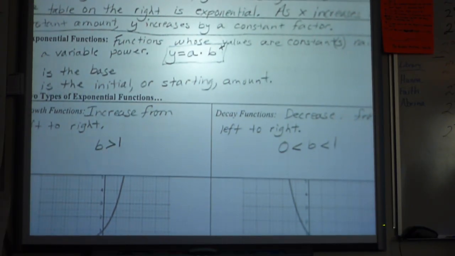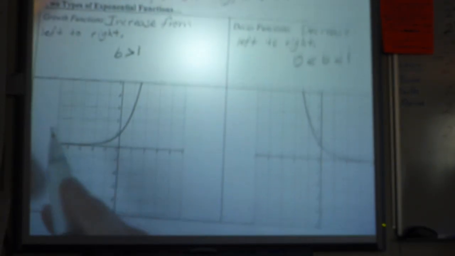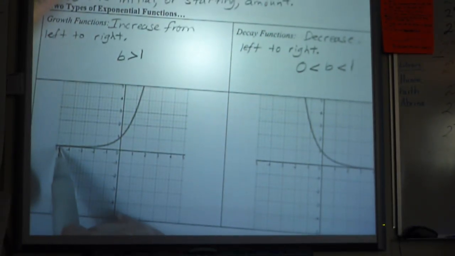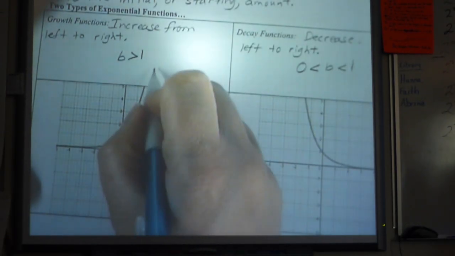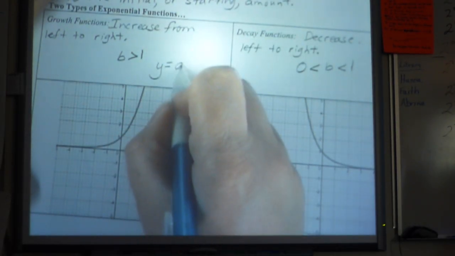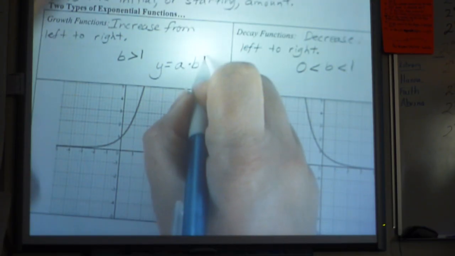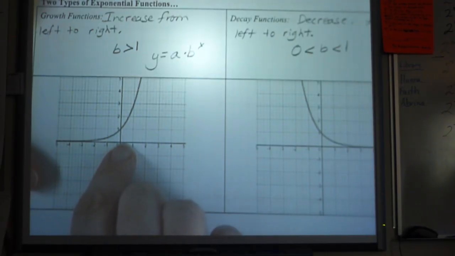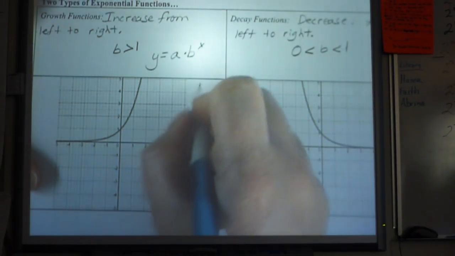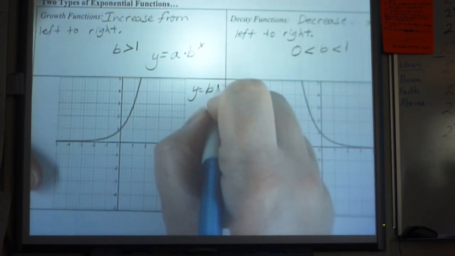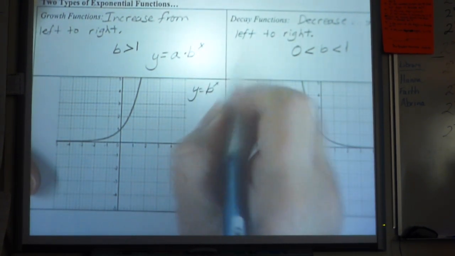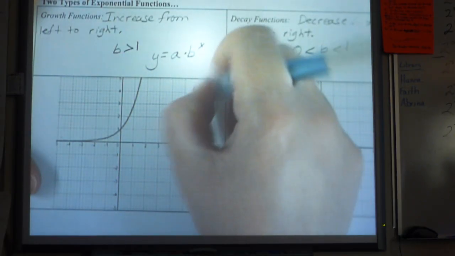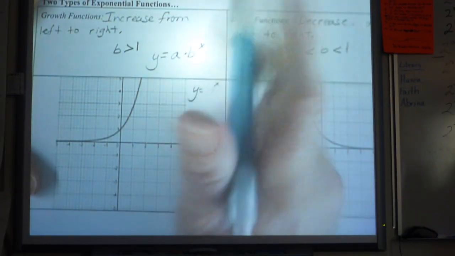Okay, and then if we look at the exponential curves, this is what the parent function looks like. Here, what's our starting amount? When x is 0, y is 1. So this is the graph of y equals b to the x power.